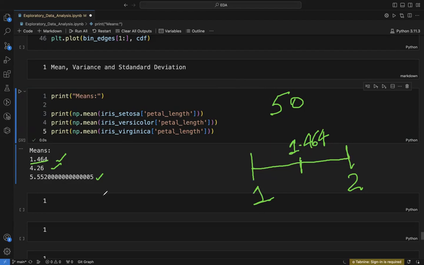For the 51st flower, they have mistakenly entered the petal length as 50, which is crazy high, because a 50 centimeter petal length would be a massive flower, right?